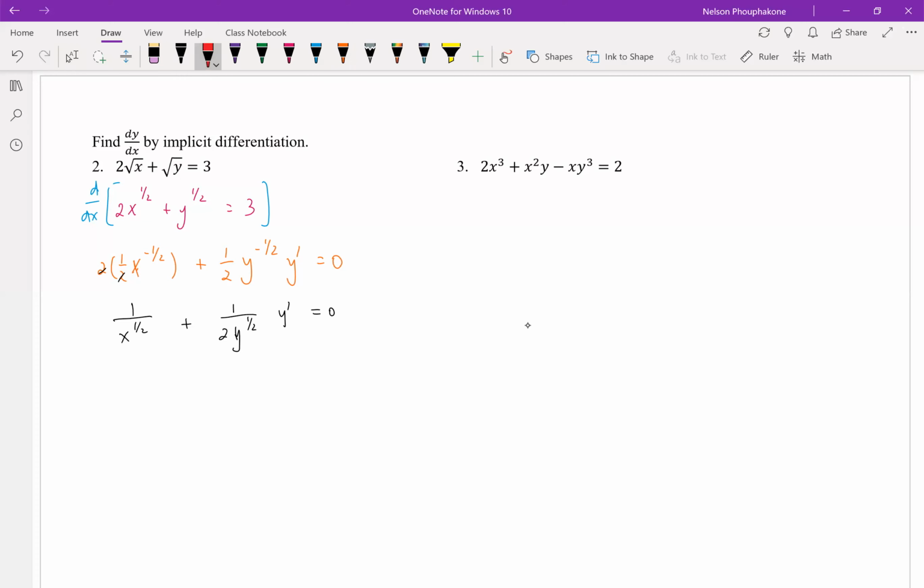So y prime over 2 square root of y equals negative 1 over square root of x. Now y prime is equal to negative 2 square root of y over square root of x. Or we could write it as negative 2 square root of y over x. So this is the idea.